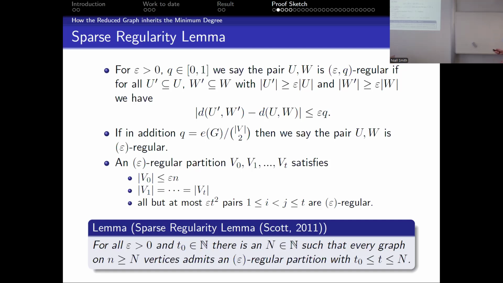So you introduce this control: the sparser it becomes, the stricter you get with the regularity definition. Then if you set this Q to the density of the graph, you get this definition of sparsely regular, which you denote with these brackets.